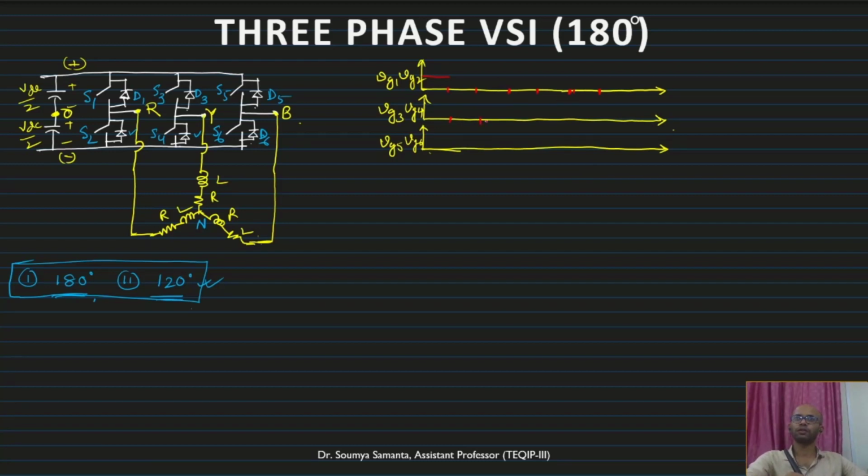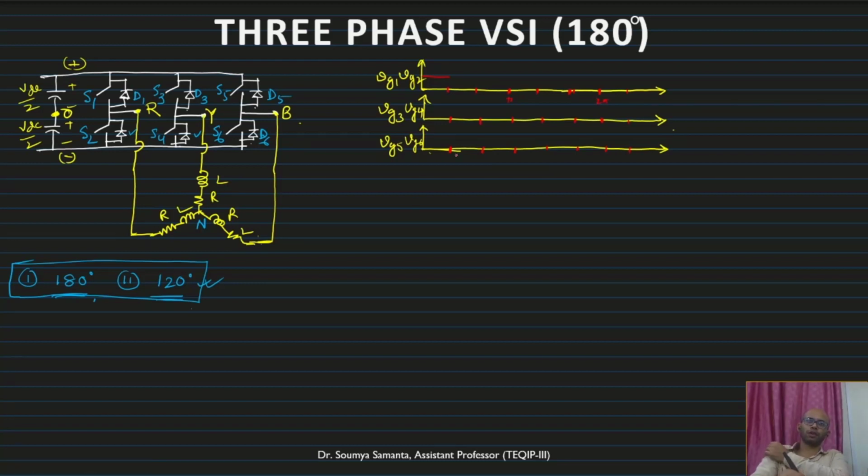If you want, you can draw the next 60, 120, 180, 240, 300, 360 degree also, as I have the space. So basically this is pi and this is 2 pi.